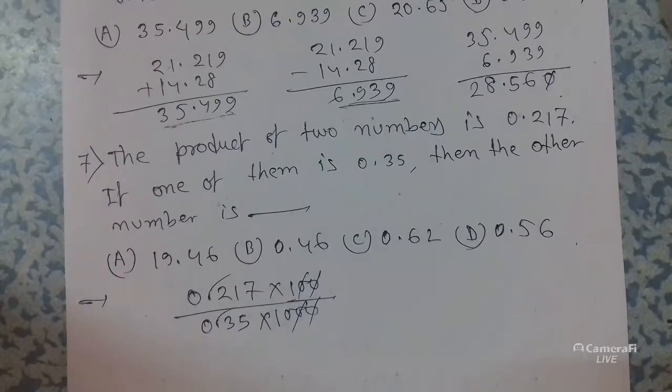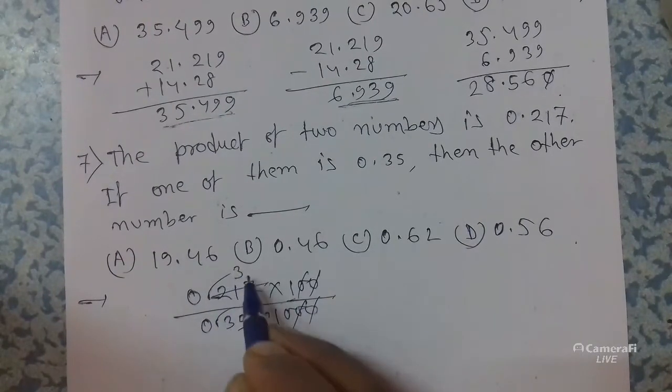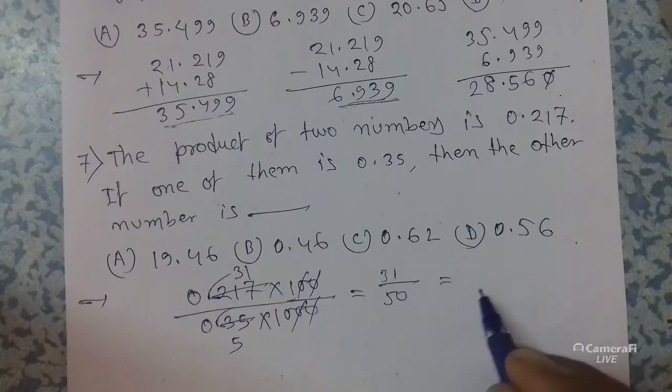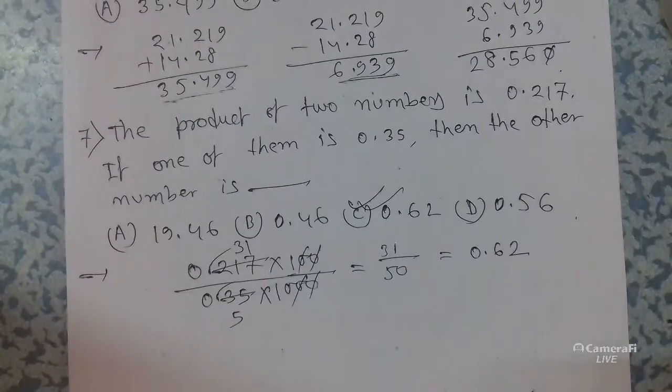So two zeros will cut. Now we can divide 217 and 35 by 7. So here it is 31 by 50. If you divide 31 by 50, you will get 0.62. You can check it. So option C is the correct answer.